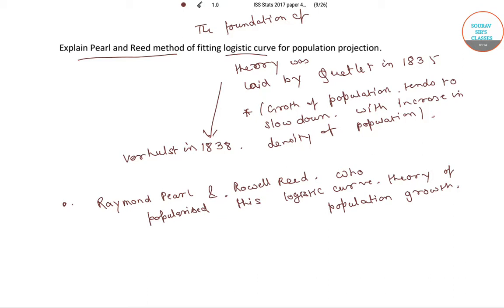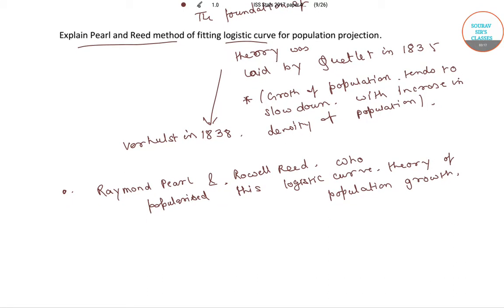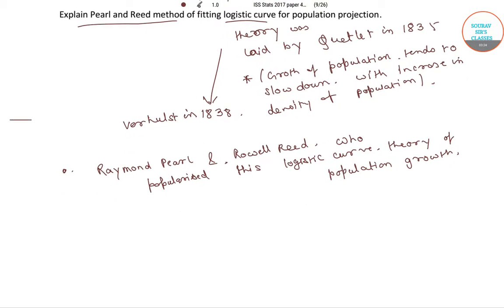Now, according to Pearl and Reed, there were certain assumptions of logistic curve theory.